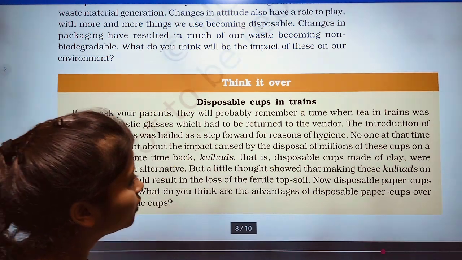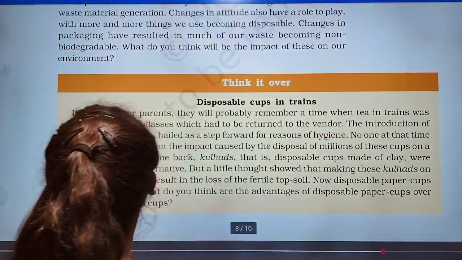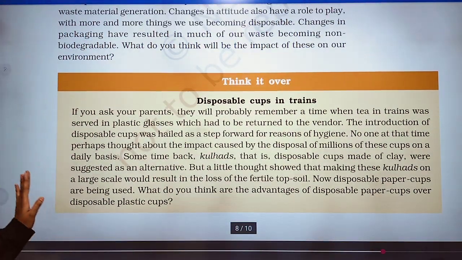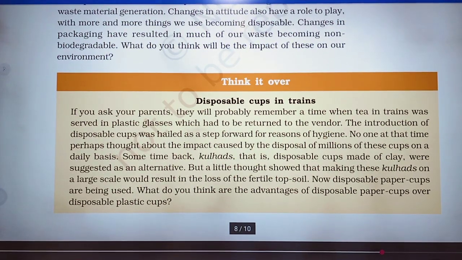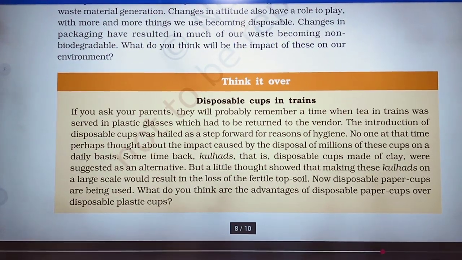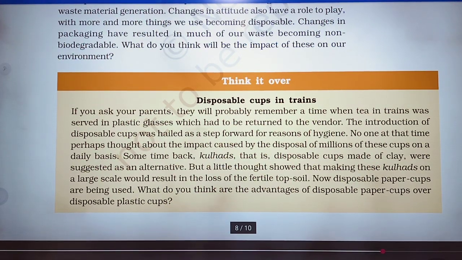Now the introduction of disposable cups was hailed as a step forward for reasons of hygiene. No one at that time perhaps thought about the impact caused by the disposal of millions of these cups on a daily basis.